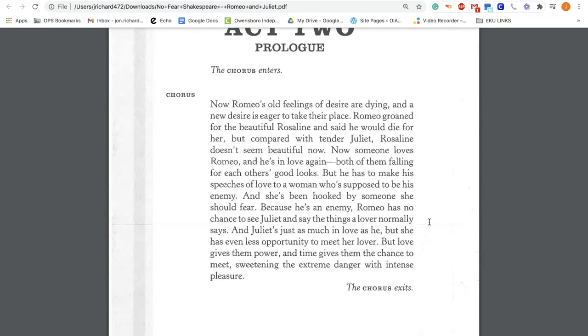And so this sweetening the extreme danger with intense pleasure is this look at secularism, this focus on worldly pleasures, okay? And obviously this is talking about their physical love and emotional love that they have with each other, okay? So sweetening the extreme danger with intense pleasure is this secularism, okay?